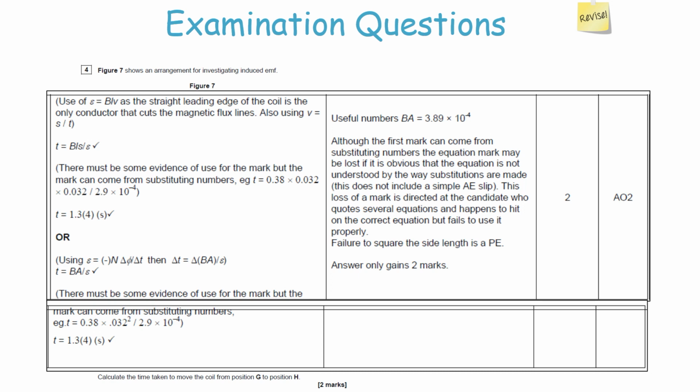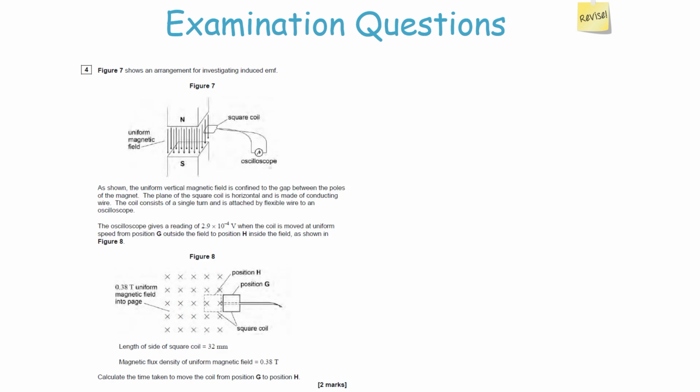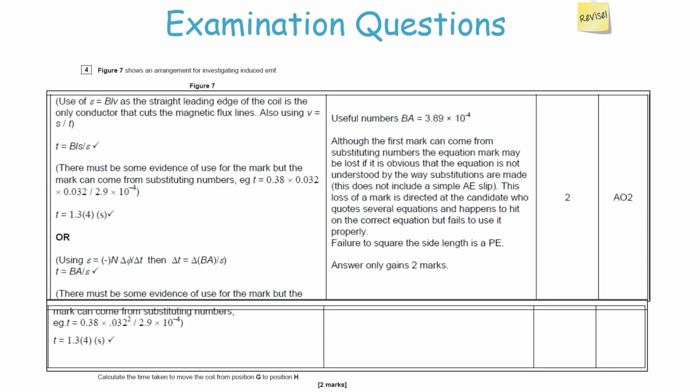We can then pop in our values, because if you look in the question, you've got lots of different values. You've got the induced EMF, you've got the length, which is the displacement. Obviously we'll convert that into meters, so it's 32 times 10 to the minus 3. We've got our value of B, we put them all in there, and we get our answer to be 1.34 seconds, which again sounds like an appropriate answer, so it is most likely going to be correct.